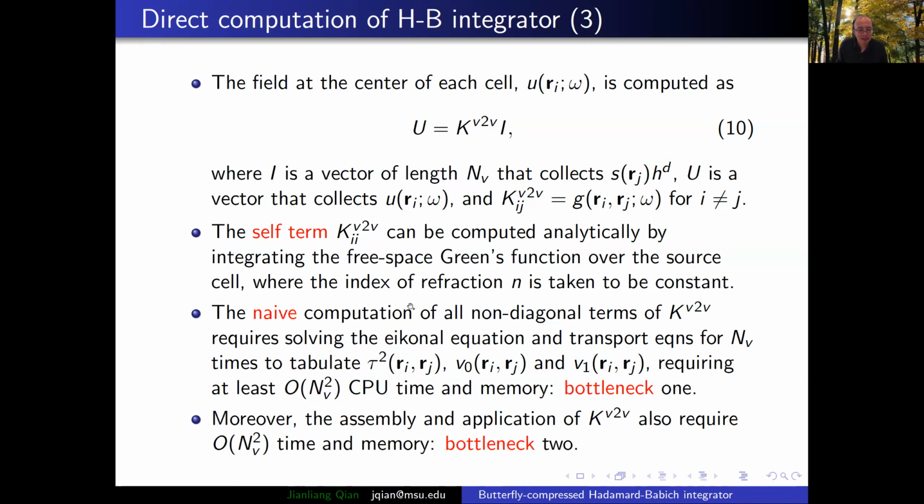Because we know how to compute this Green function already, essentially if we just feed those functions, compute the quantity into this kernel, and carry out the matrix vector multiplication, we are done.